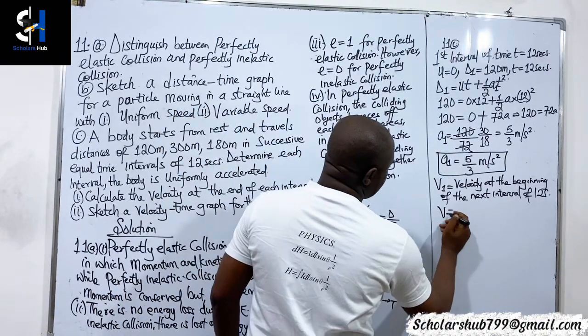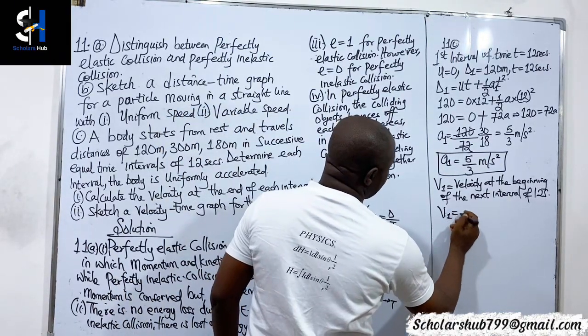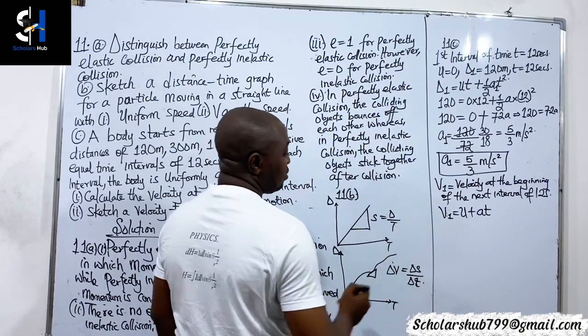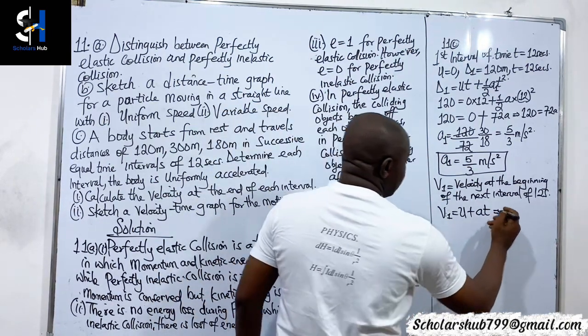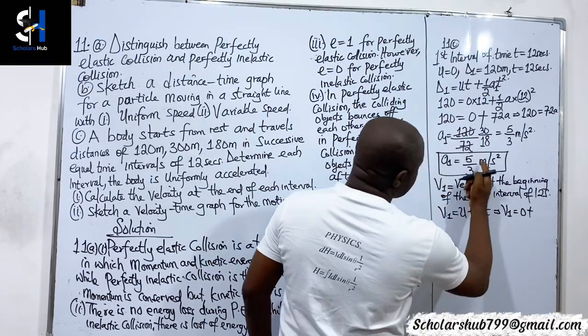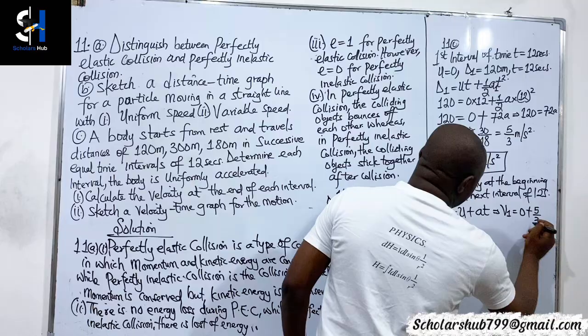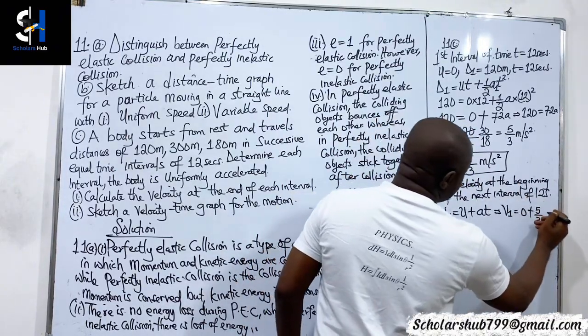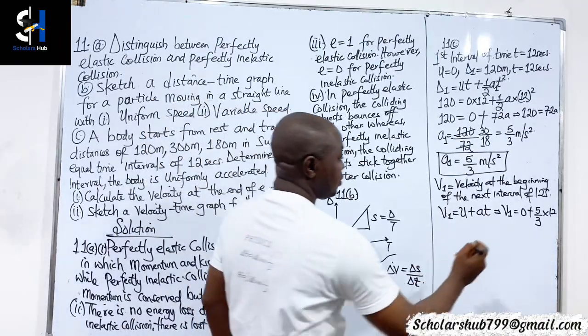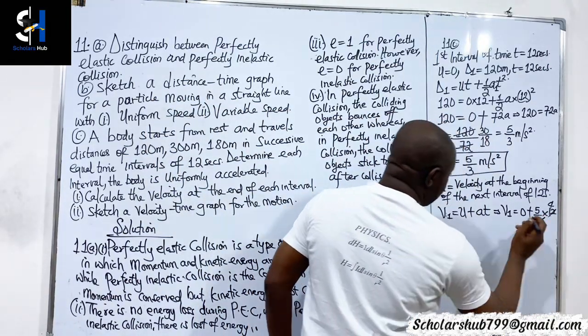We're going to have v1 equals u plus at. So v1 equals, u is 0, then the acceleration is 5/3. Let's not forget the time, at equal time, so multiply by 12. So this will be 4, and that will be 20.